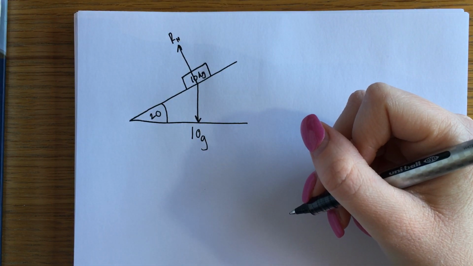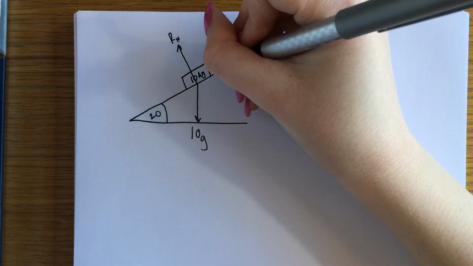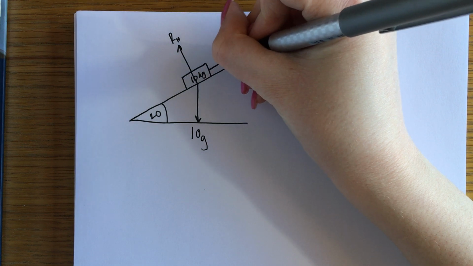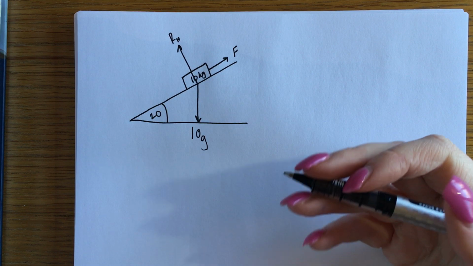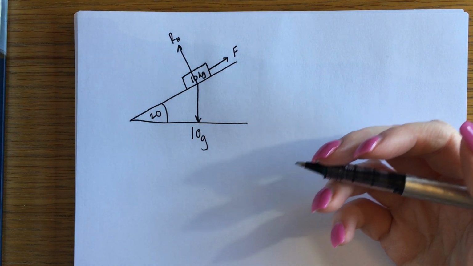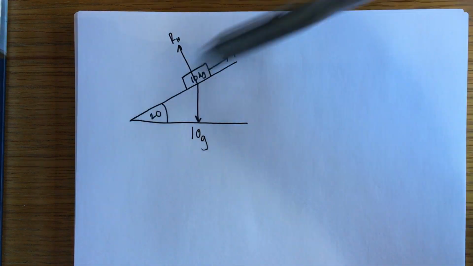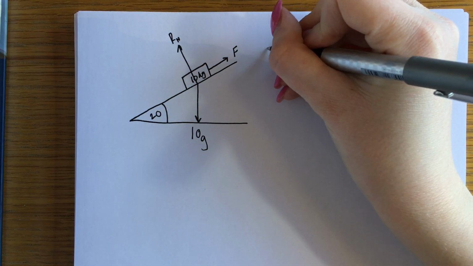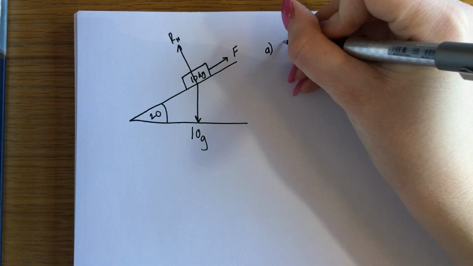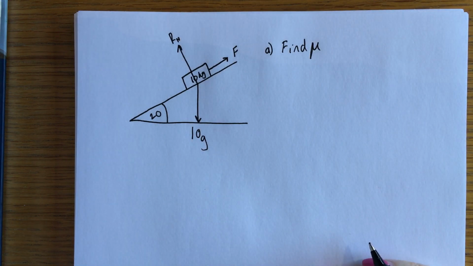Now it says that it's resting on a rough plane. There's no other force acting down the slope, but we must have friction acting upwards, because if it's resting, the only way that this item is going to move is if it's sliding down. So part A is find the coefficient of friction. So we're finding mu, okay?